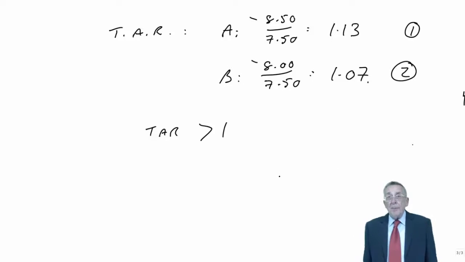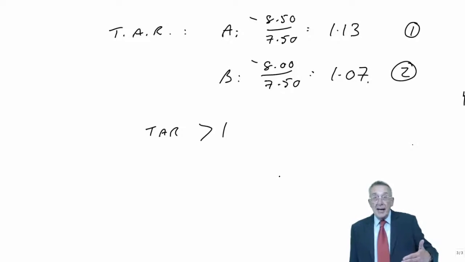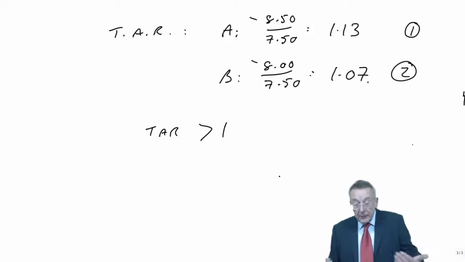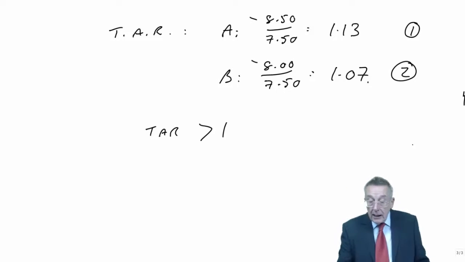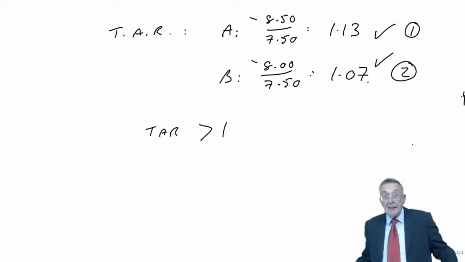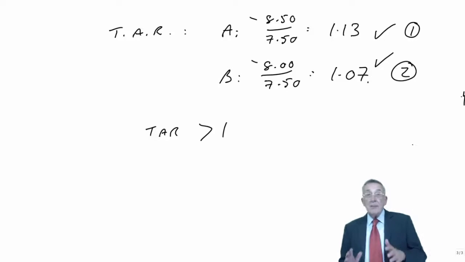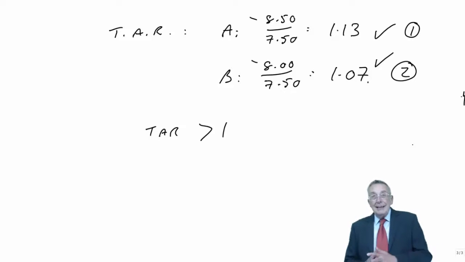We want, therefore, to try and achieve at least $7.50 an hour return from each product. Now here they are both greater than 1, which is fine. Obviously, the higher the better.